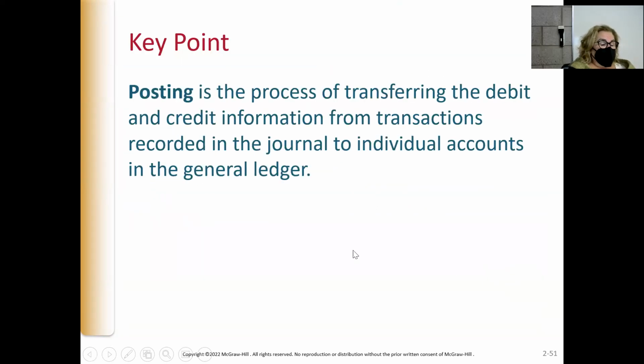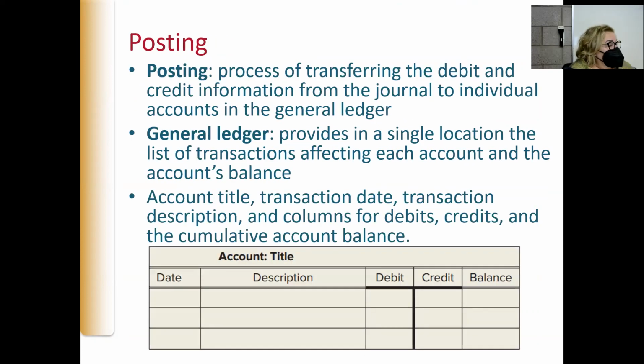Now, when we post, the word posting is we take each one of these journal entries and we take the account and the amount, and if it's a debit or credit, and we post that information right to the specific account.